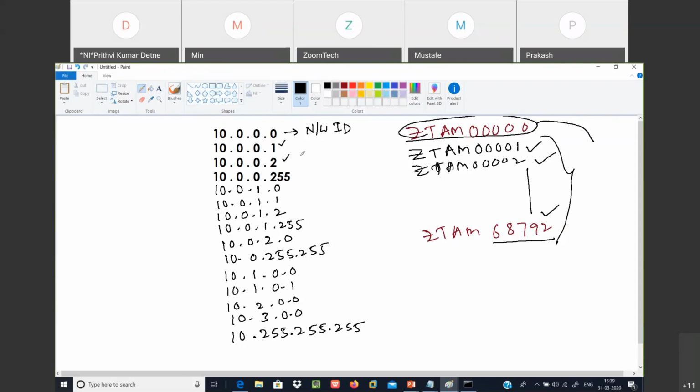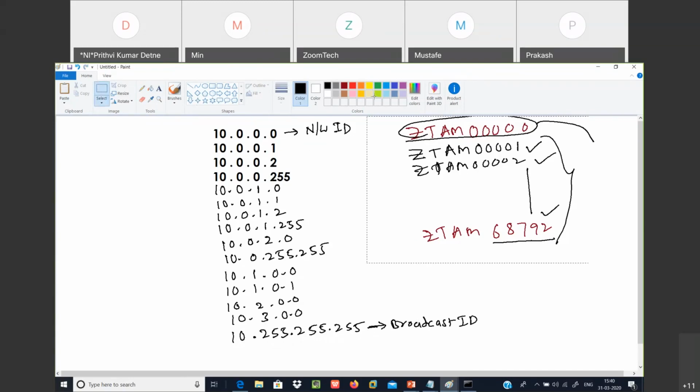These IPs we call usable IP addresses. But the first one, 10.0.0.0, we cannot use. Similarly, the last one, 10.255.255.255, is for broadcasting purpose. We call it the broadcast ID.